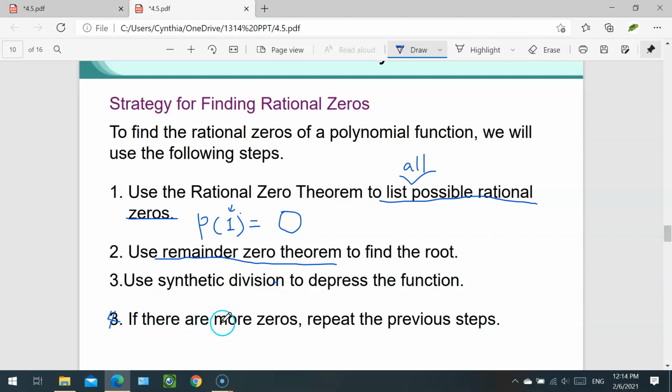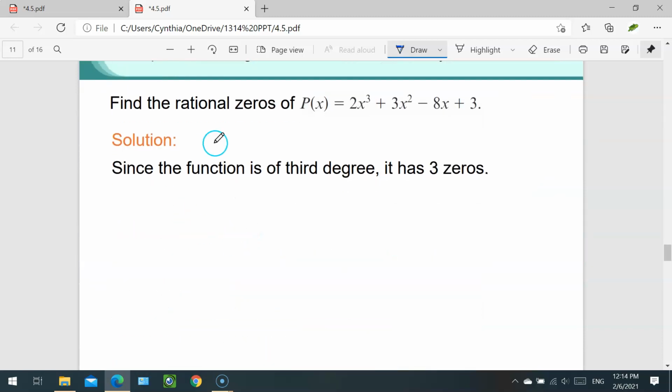If you have more zeros, you repeat the previous steps: find all possible rational zeros, get the root with the remainder theorem, and then break down that part of the function by using synthetic division. We do the example, then you'll understand what I'm saying here.